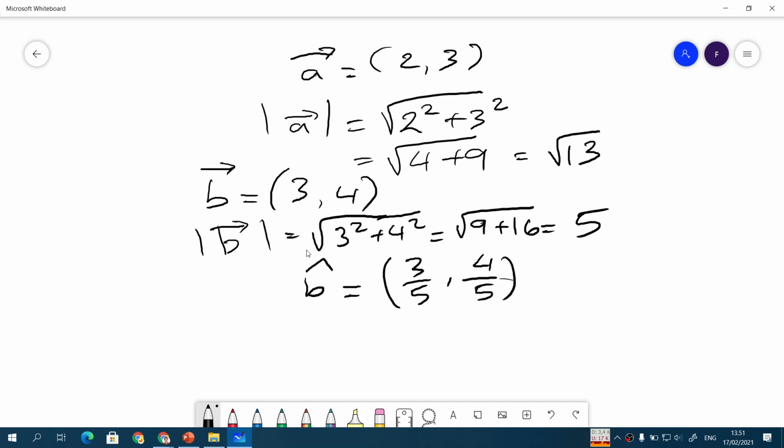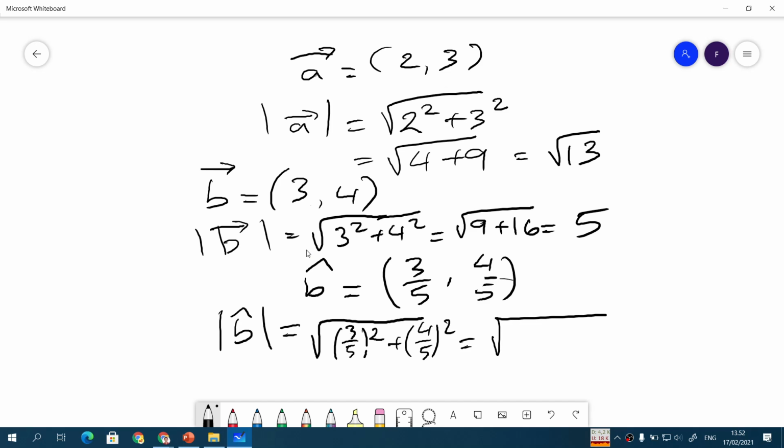If you calculate the length or the magnitude of p hat, let's try that. Let's calculate the magnitude of p hat. It is equal to the square root of 3 over 5 squared plus 4 over 5 squared.